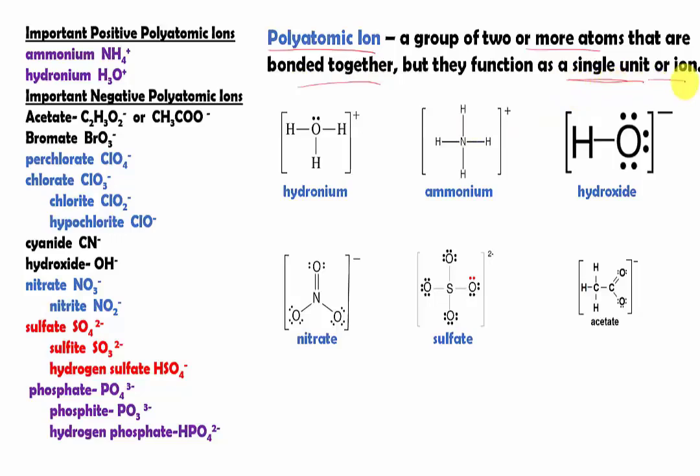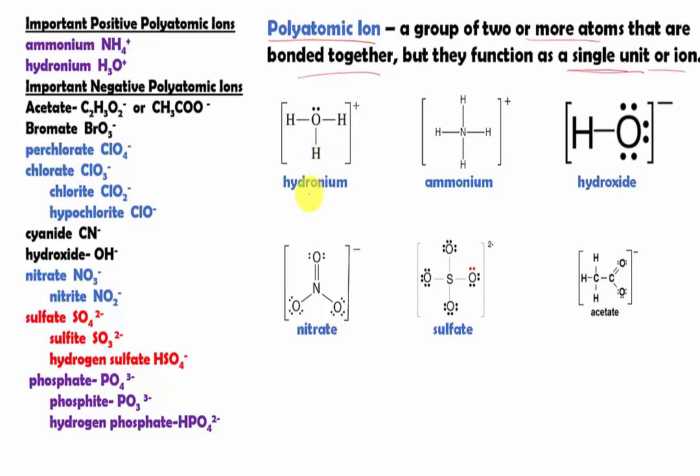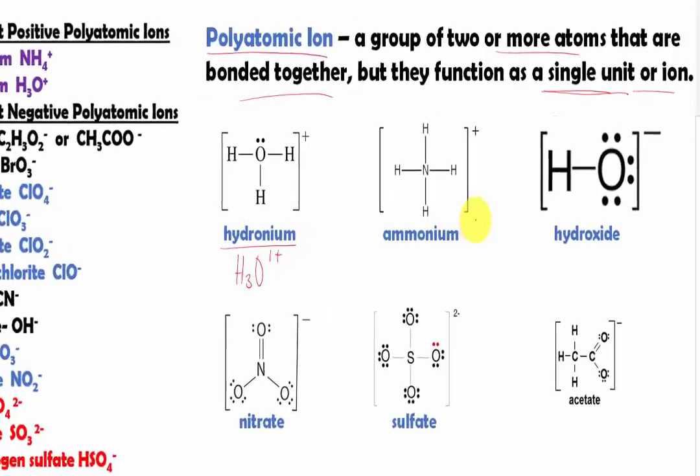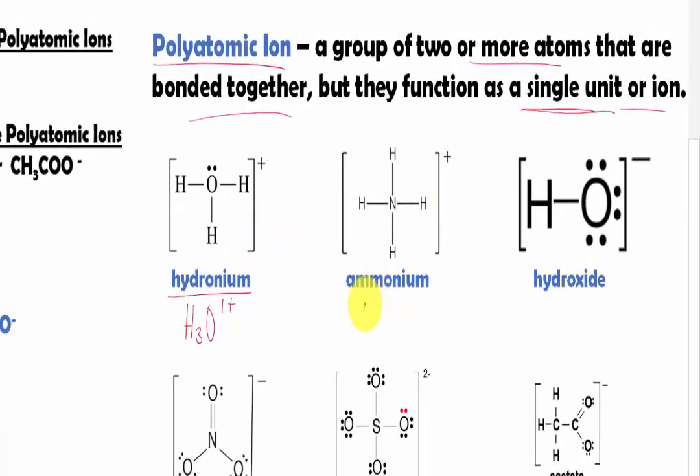Here are some examples. For example, here we have hydronium ion. Basically, it's a group of 3 hydrogens and 1 oxygen, and they function as a unit with a charge of 1+. Here's another example, ammonium. Basically, it's a group of nitrogen and 4 hydrogens, and together they have a charge of 1+ as well.